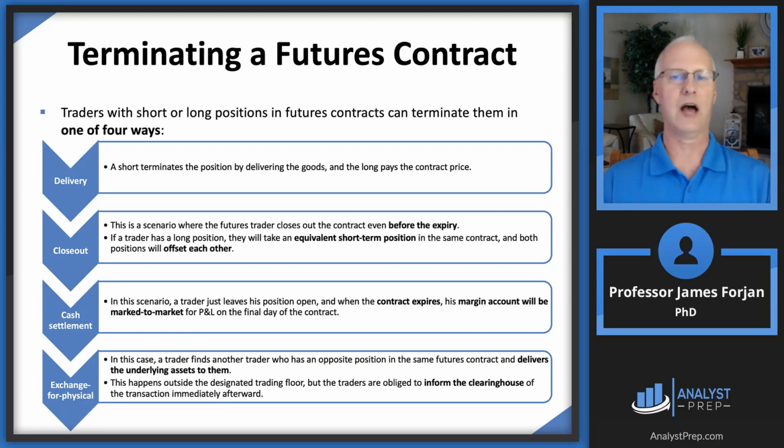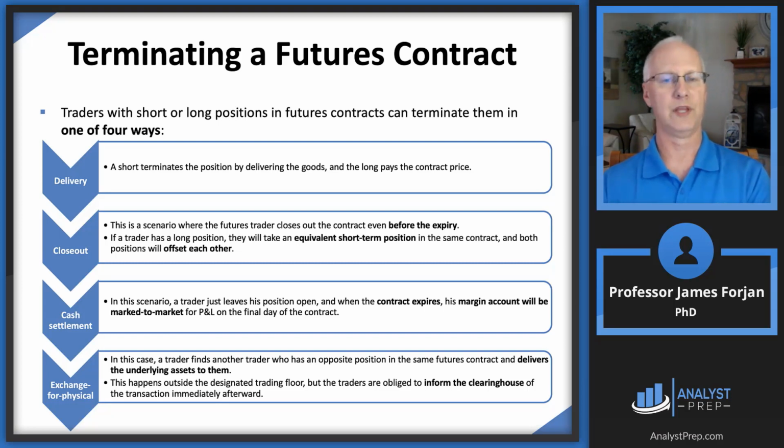But you can close this out at any time, and a closeout is a scenario under which the futures trader just closes it out, either today or tomorrow or any time before the maturity date of the contract. Essentially, if you have the long position, you just pick up the phone and call the clearinghouse or your broker and say, hey, I want an equivalent short position. And what those things do is cancel each other.